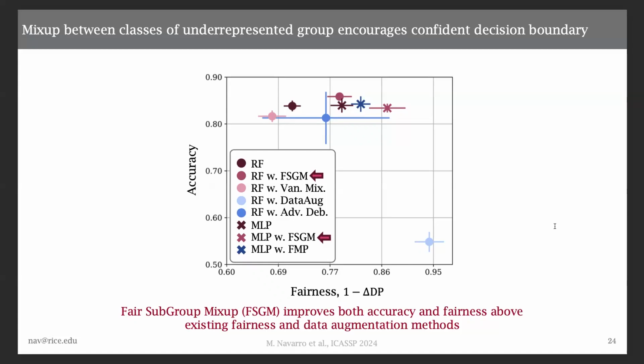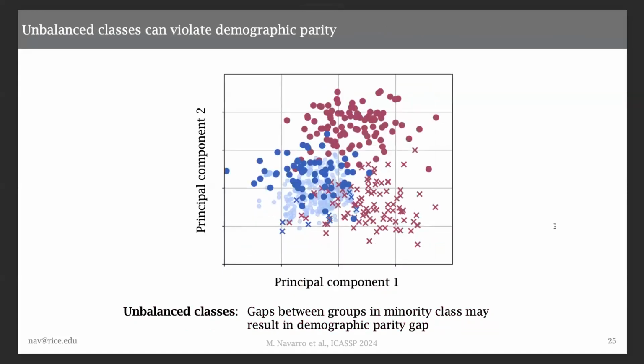Okay, and then we can look at the case of unbalanced classes, where one class is underrepresented, but only for a particular group. So the model will probably be treating the groups fairly for the overrepresented class in red, but for the underrepresented class in blue, it might be ignoring the presence of the underrepresented subgroup of blue crosses. So we add samples across groups, but within the underrepresented class.